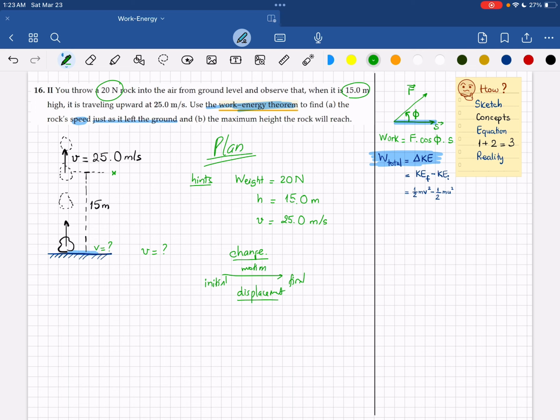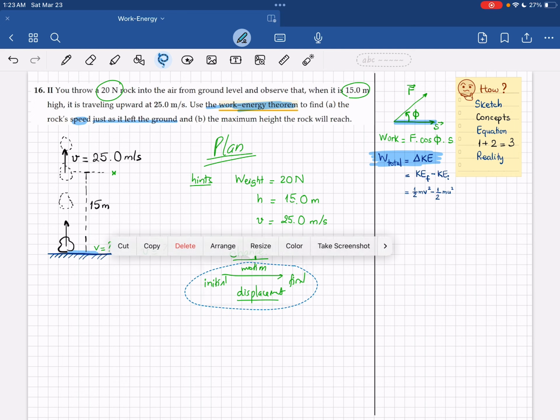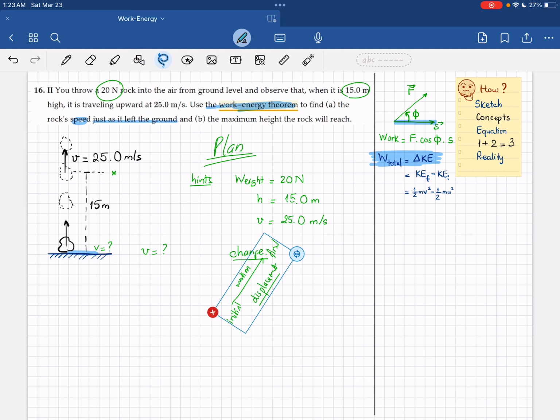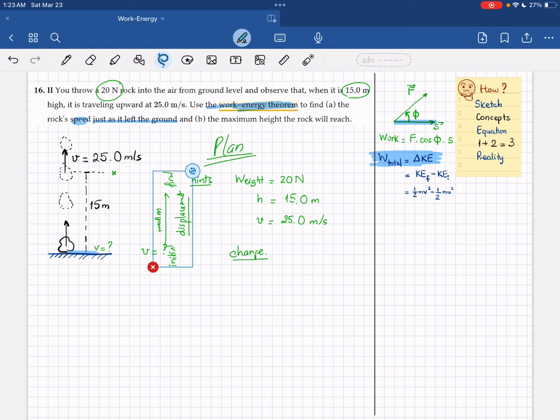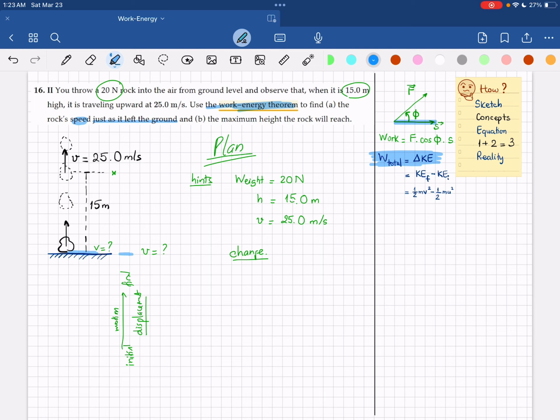So is there any displacement here in this problem? There is, right? And actually in this case, it's not a horizontal motion, but a vertical motion, right? And actually, can you tell that this is the initial point, right?